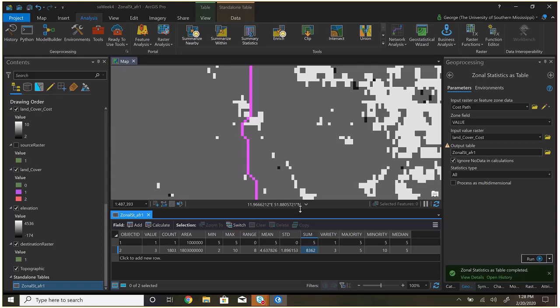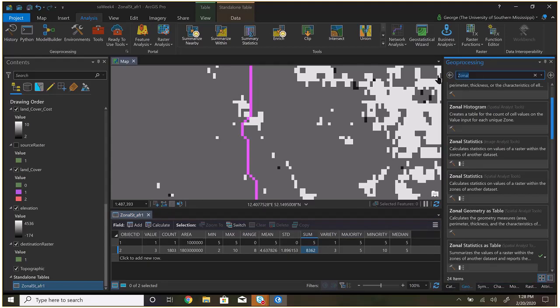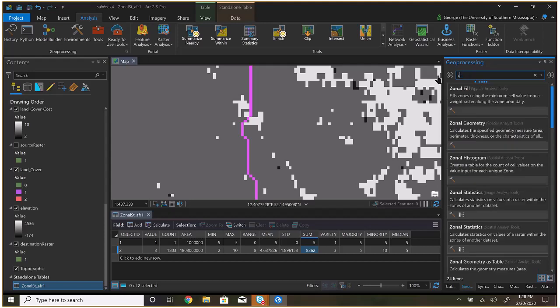Now, if you wanted to check to see if that would match the real value, you could run the cost path.